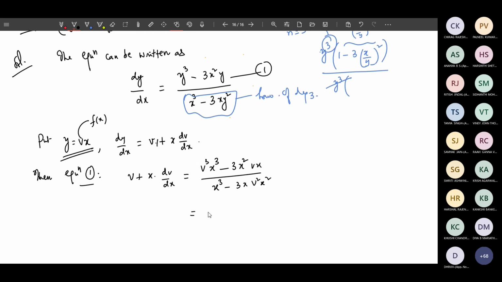Now here it is just algebraic simplification. v plus x dv by dx equals, taking x cube common, (v cube minus 3v) upon (1 minus 3v square).